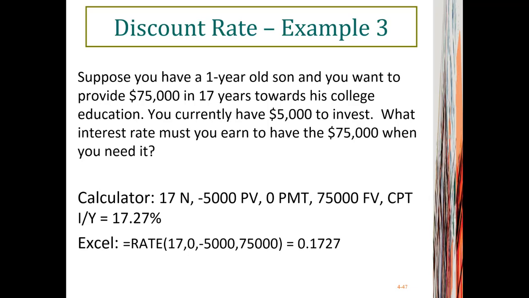You have 5,000 to invest, that is cash outflow. Therefore, PV should be negative 5,000. Payment 0 and FV 75,000 is a positive number because you are going to receive that amount of money in 17 years. And you use CPT IY, it will show you 17.27, which means your investment return should be 17.27%.